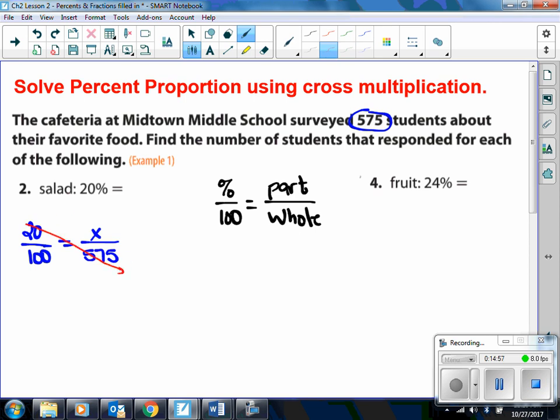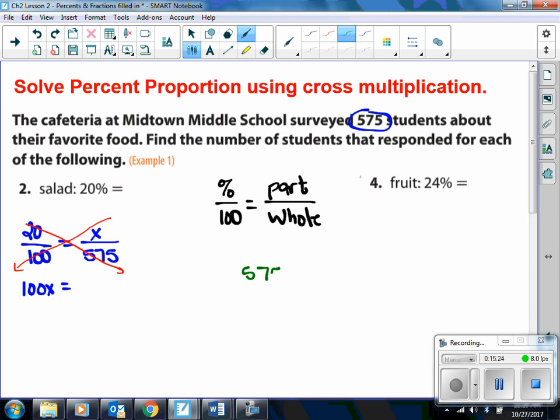And when we cross multiply, we multiply the 20 times the 575, and that's going to go over here. And we're going to multiply the 100 times the x, which goes over here. So we end up with 100x is equal to 20 times 575.